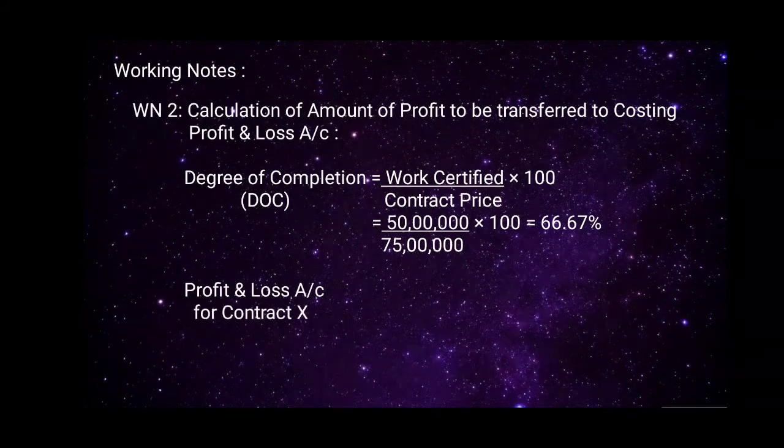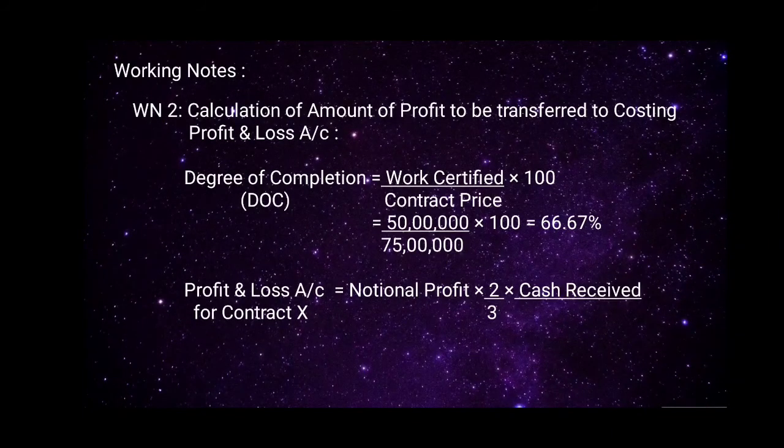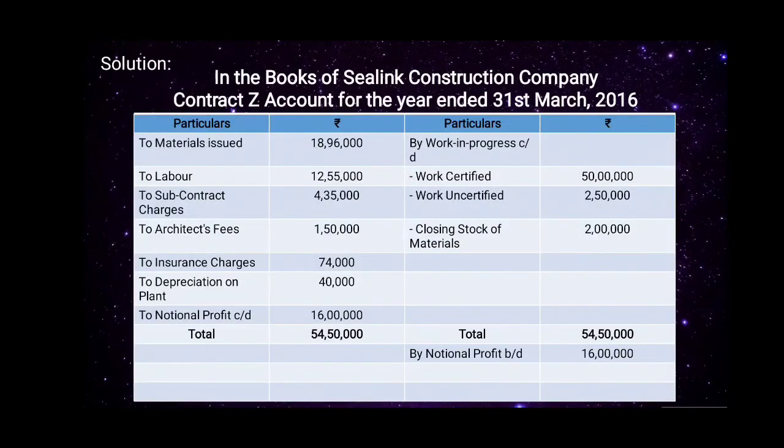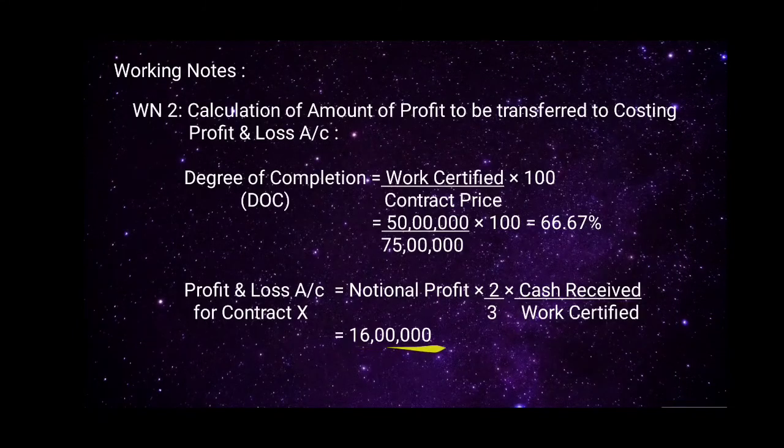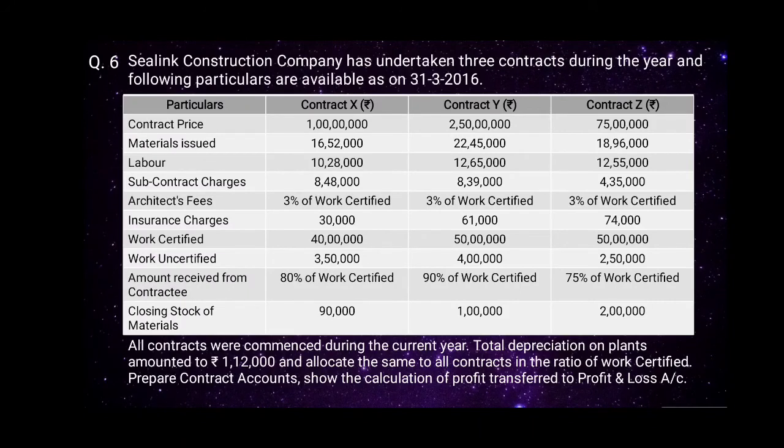So profit and loss account for contract Z will be equal to notional profit into 2/3 into cash received divided by work certified. The notional profit amount for contract Z account is 16 lakhs. So rupees 16 lakhs into 2/3 into cash received. The amount received from contractee for contract Z account is 75% of work certified. Work certified is 50 lakhs.